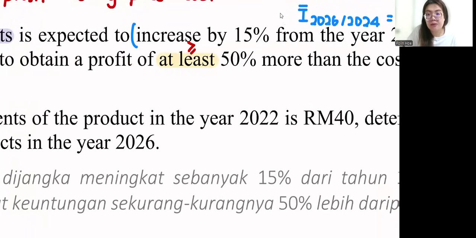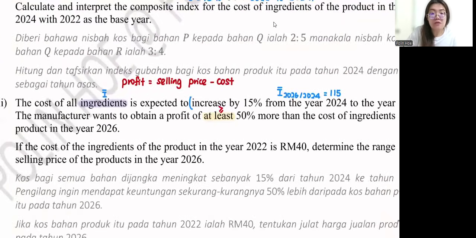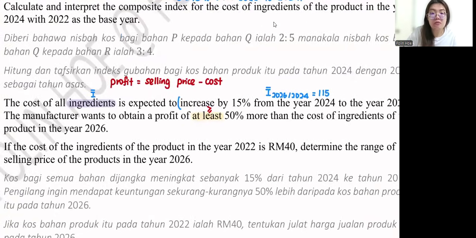If you write bigger than 不了 then 就 wrong 了，就不对了。If the cost of all the ingredients in the year 2022 is 40 ringgit, determine the range of the selling price of the products in the year 2026.